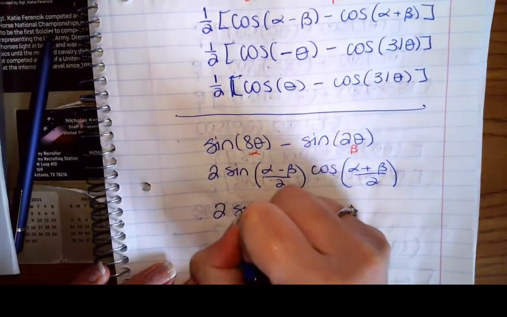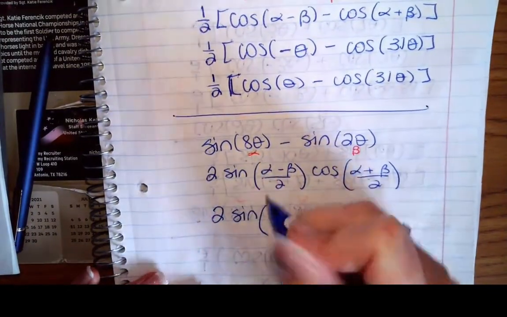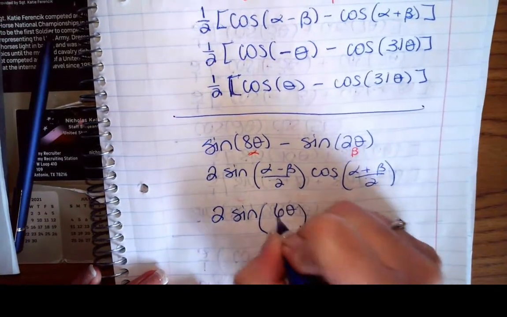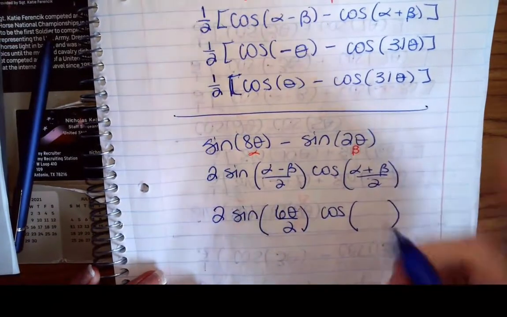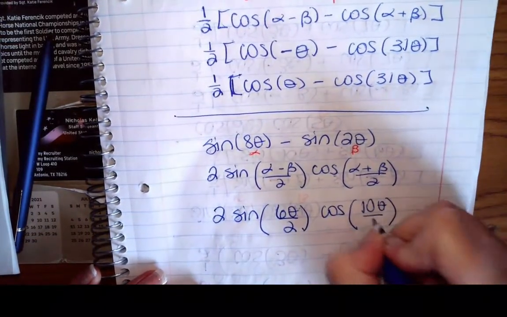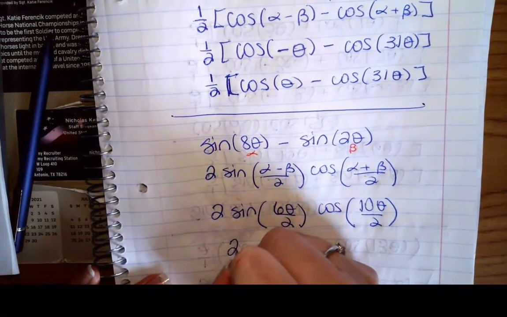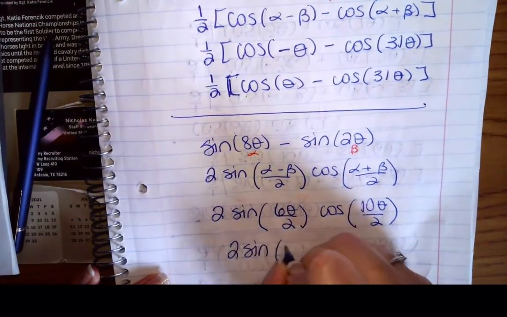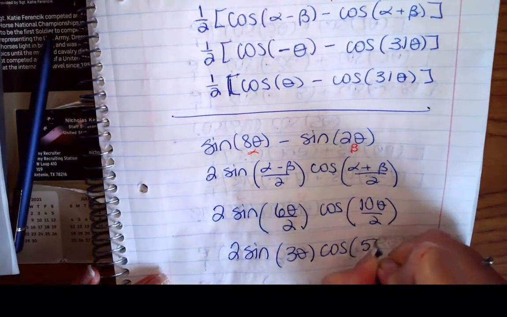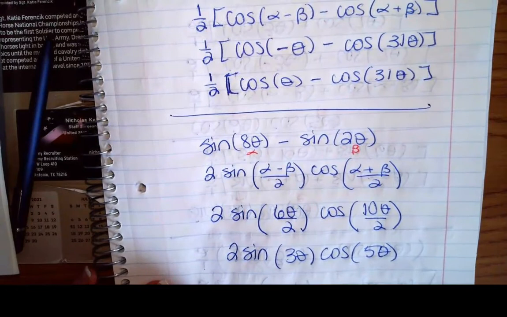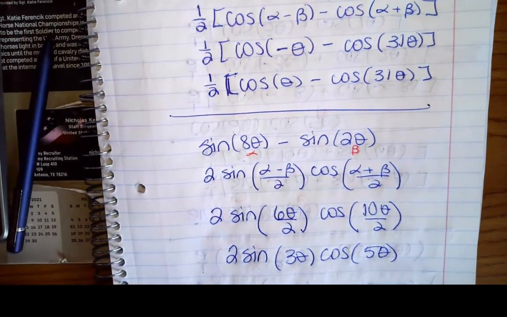So I've got 2 times the sine of 8 thetas minus 2 thetas, which is 6 thetas, over 2, times the cosine of 8 thetas plus 2 thetas, which is 10 thetas, over 2, and I can reduce that. So 2 times the sine of 3 theta times the cosine of 5 theta. And that's it. That's all you can do. So let's do a couple more.